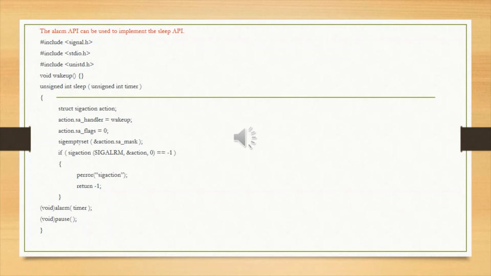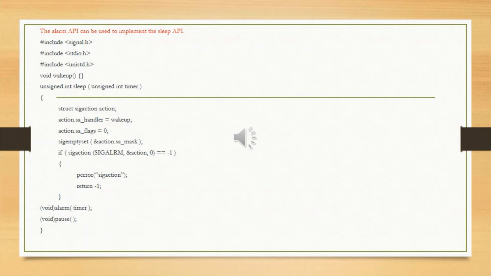Action's sa_handler is set to wakeup, then action's sa_flags is set to 0. Then sigemptyset is applied to the sa_mask. Like that, we can consider all operations with the help of signal statements.